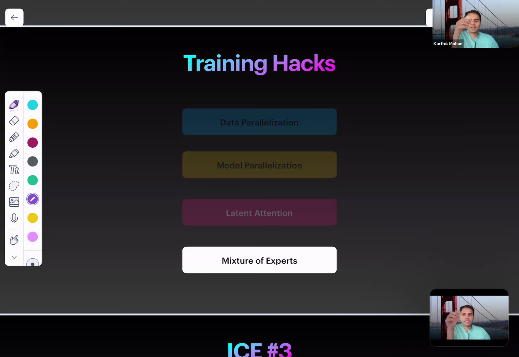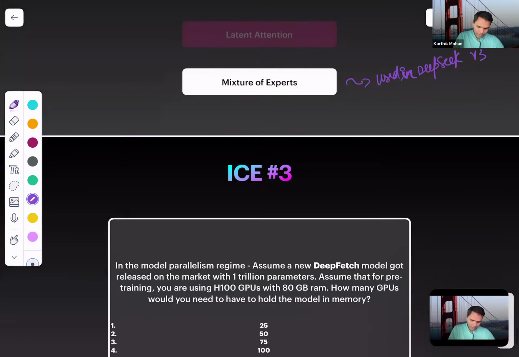So it's giving importance to different experts based on the query being asked. That's the idea of mixture of experts. But we'll go more into this when we get to the architecture of DeepSeek.